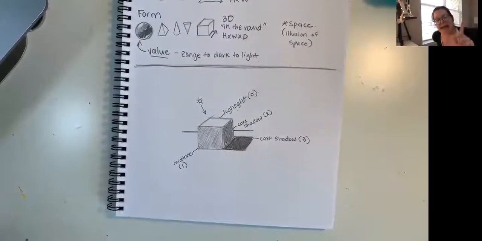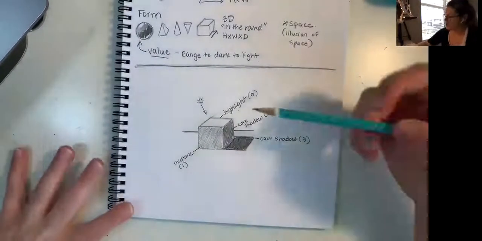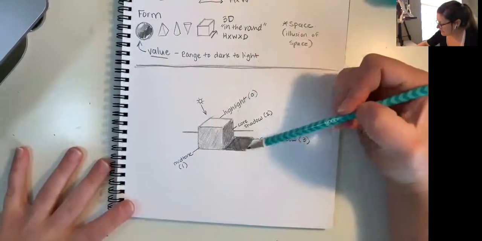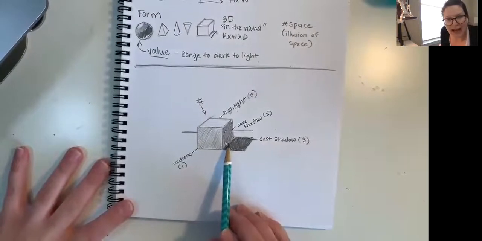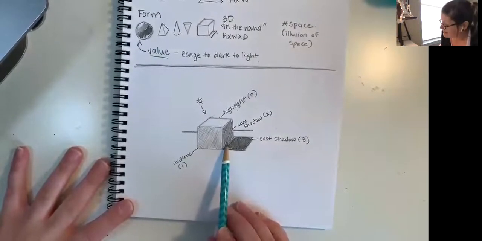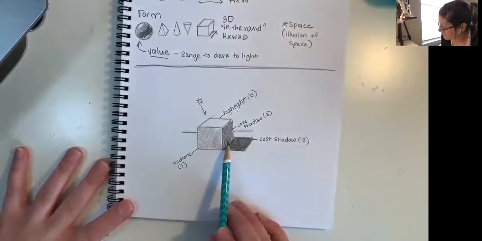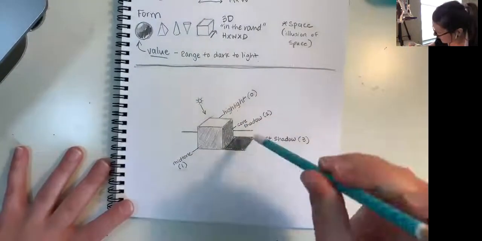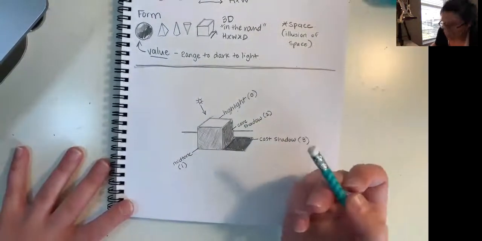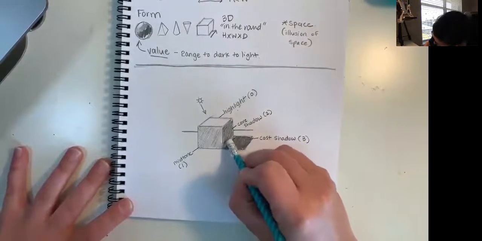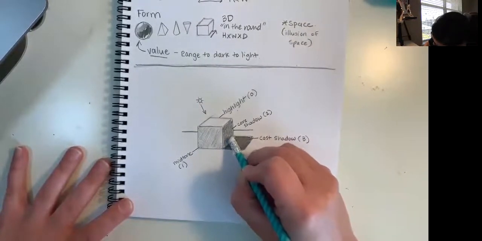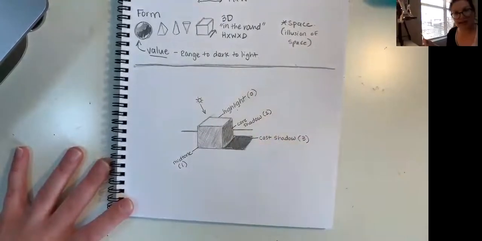Now there's one last thing that happens. When a shadow is cast, there's actually a bit of light that bounces back up onto the object itself, not the cast shadow, but the object. So I usually just take my eraser on the back of my pencil, and I'll erase a teensy little strip at the bottom of the box on the cast shadow side.